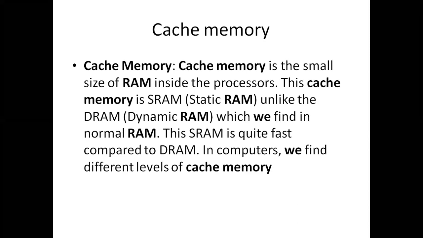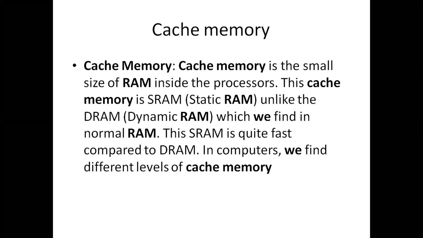So cache memory is a small size of RAM inside the processor. As I have said, it is volatile. It is like RAM, and cache memory is volatile. So now we are dealing with the cache memory inside the processor. This cache memory is a static RAM, unlike the dynamic RAM, which we find as normal RAM.